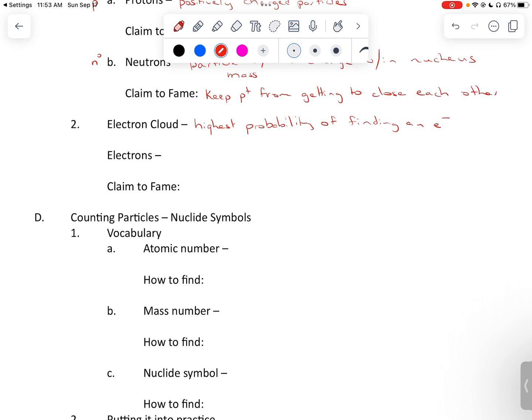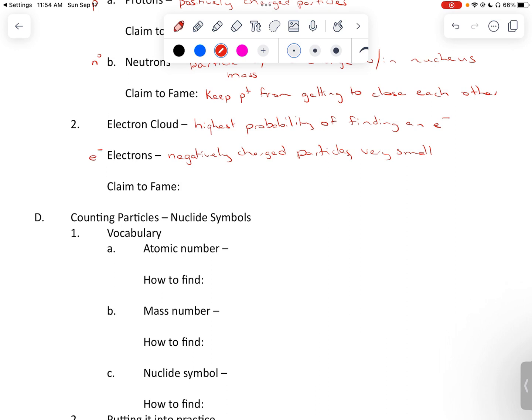Our electrons are negatively charged particles. They are very, very small. The abbreviation for electron is e with a negative.